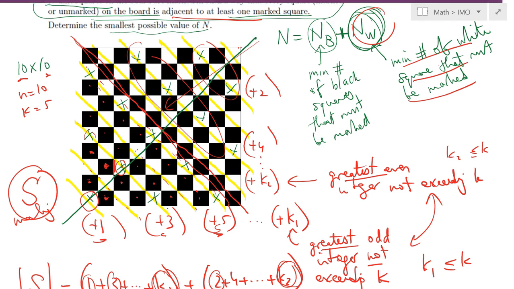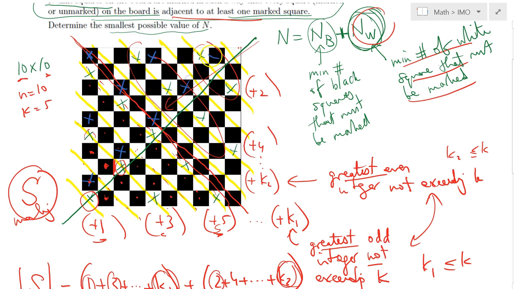If I now do the marking as follows, I mark this black one, skip this, and then mark these, skip the next one, mark these. Do you see what I'm doing? I'm just rotating the thing, and then I'm just doing the same marking business. I'm doing nothing different.